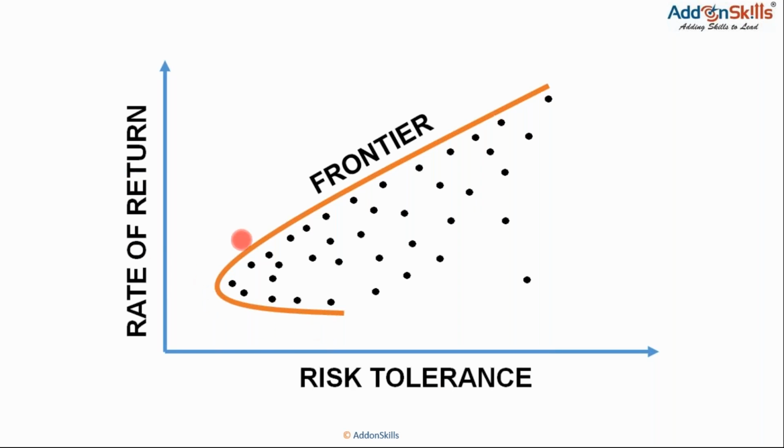The orange curve is called the frontier curve, and the black dots which you can see on this diagram are multiple portfolio options an organization may have at any given point of time, and they have to select portfolios among these many options.